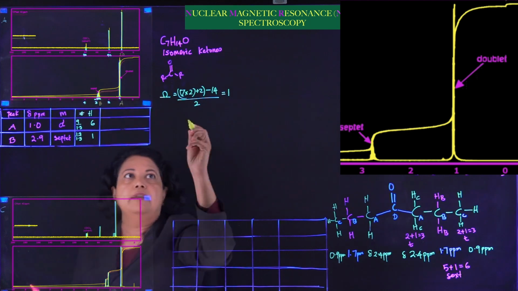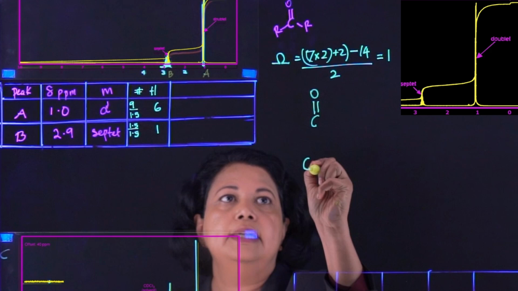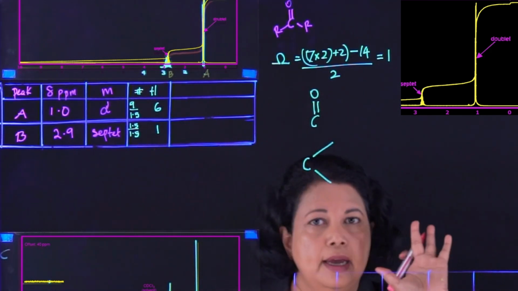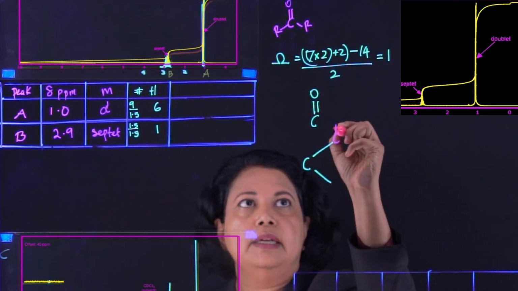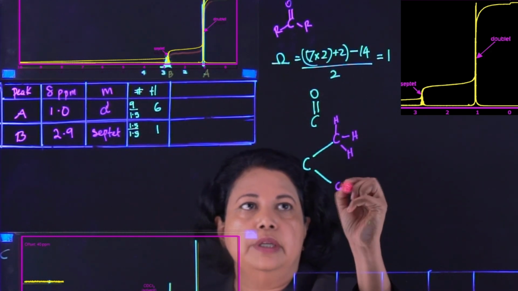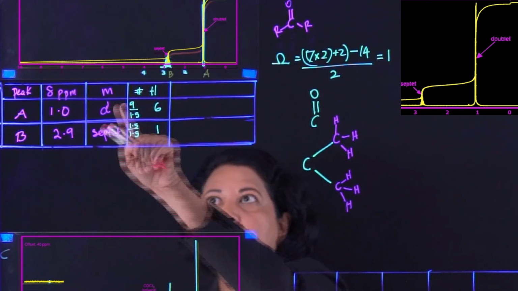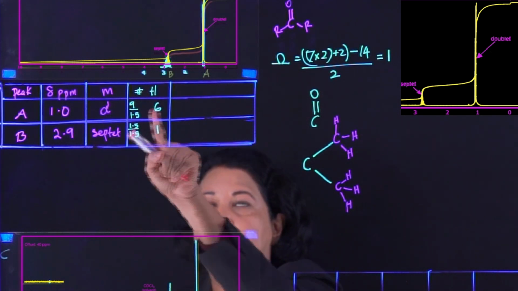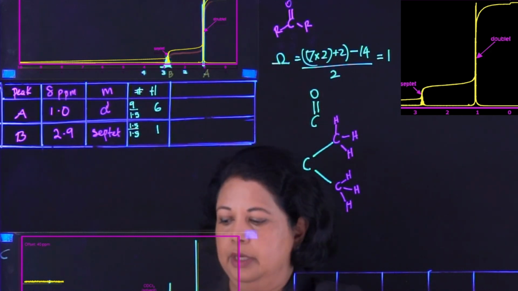So we know we have a carbonyl, and in addition we have a doublet and a septet. In order to have a septet, you need to have 6 hydrogens that are identical. The only way to get that is to have 2 methyl groups that are identical. So here is your 6 hydrogens, and that's going to be a neighbor to this, which is going to have just 1 hydrogen.